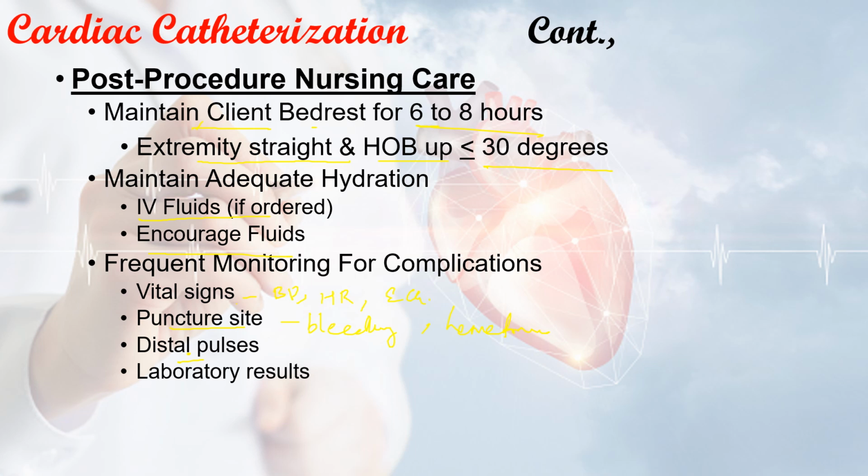Then laboratory results, like renal function tests. After the procedure, as they injected dye, we are supposed to perform renal function tests, especially urea and creatinine levels. Then other blood values and coagulation values are supposed to be monitored.